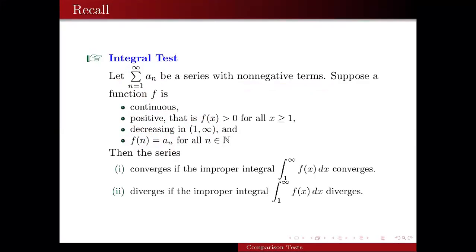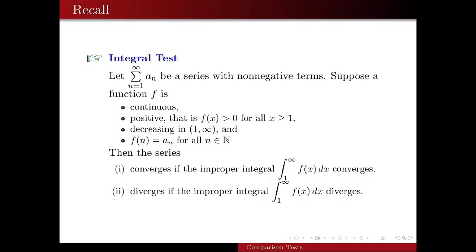Then the series converges if the improper integral of f(x) dx from 1 up to plus infinity converges, or the series diverges if the improper integral also diverges.